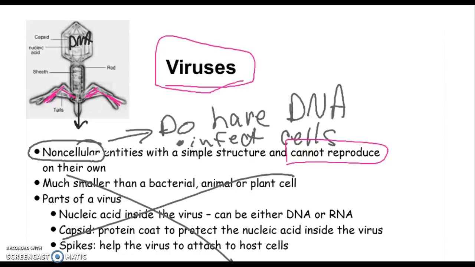But they're really not considered living, because they can't reproduce unless they infect a cell that they can reproduce in. And viruses are very tiny. They're smaller even than bacteria.